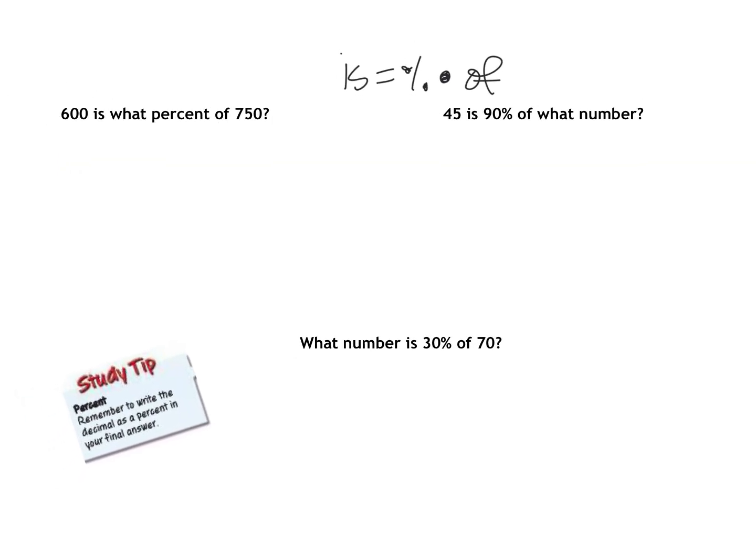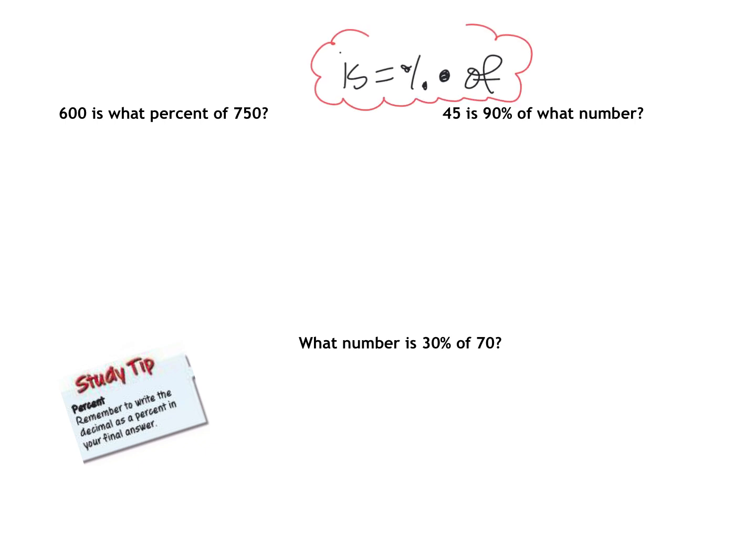So let's do some using the percent equation. Let's remember that the percent equation is just going to be "is" equals percent times "of". I know that seems really weird and confusing, but let's look at our problems and use that. 600 is what percent of 750? So the 600 goes with the "is", what percent, and then of 750.